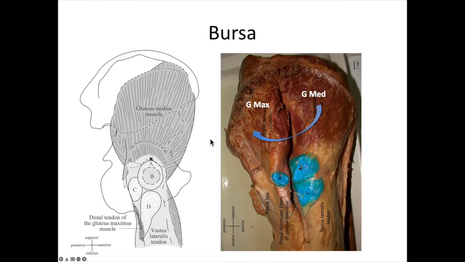All right, now there is some article that even talks about 13 bursae around the trochanteric area, but I think the most important bursa we talk about is deep to the fascia lata or gluteus maximus, the subgluteus maximus bursa. Here, this is anterior, this is posterior.